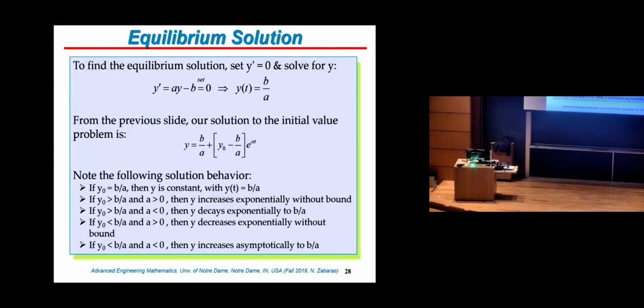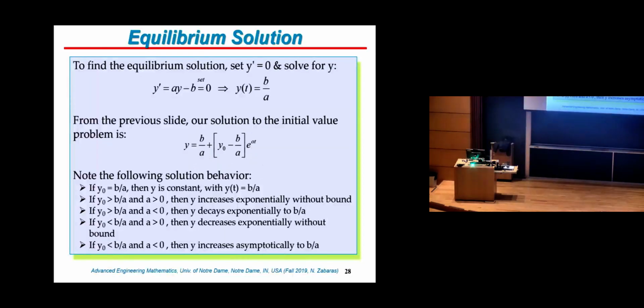So there are two parameters that you need to worry about when you discuss the nature of the solutions. One is this coefficient A: do you have a growth or decay, is it positive or negative? And then this y0 minus B over A. Depending on if you start above or below the equilibrium state, that will tell you if you're going to go to infinity or minus infinity.